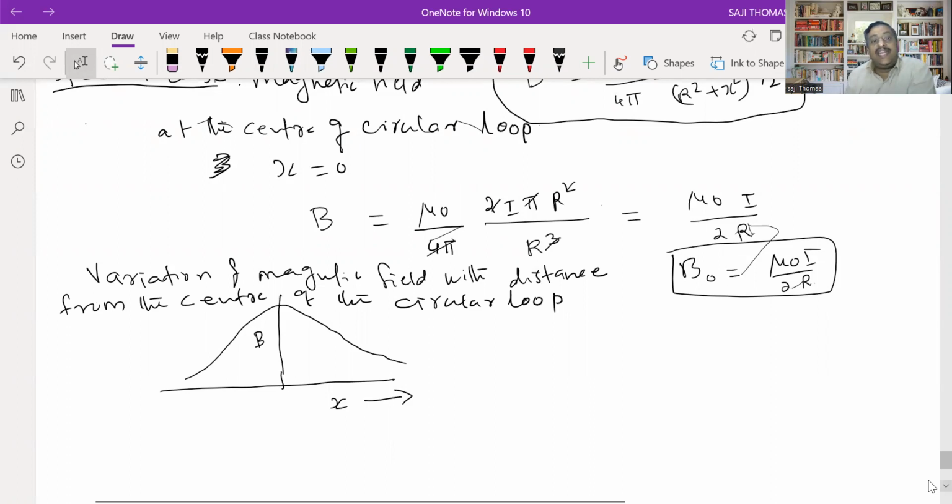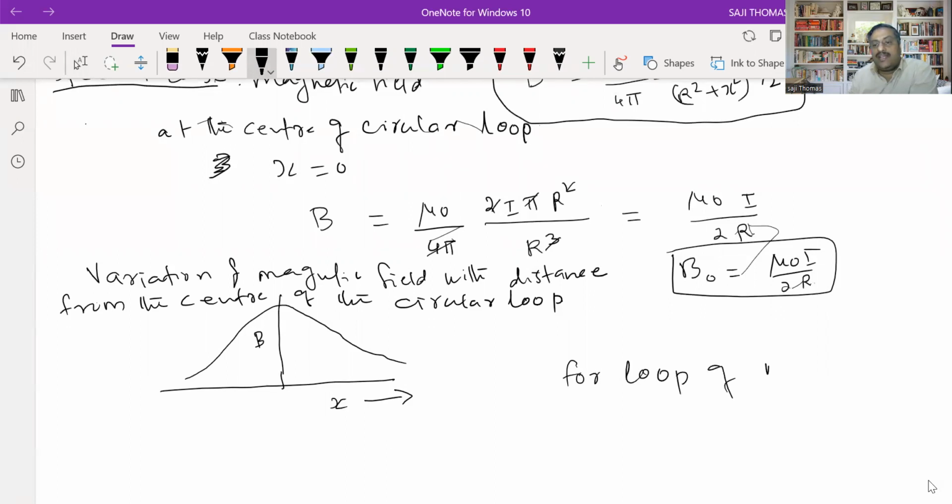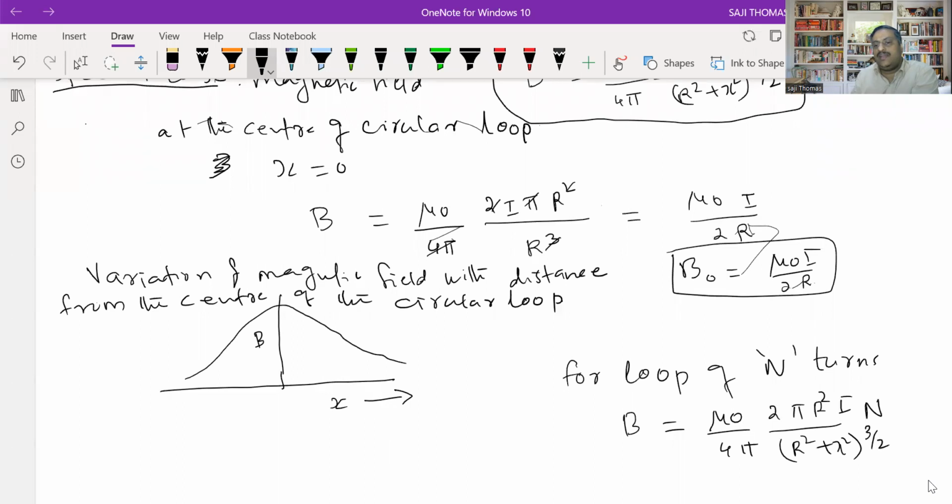If there are N turns for the loop, what would be the equation? For a loop of N turns, you have to multiply the equation with the capital N. So B equals mu 0 by 4 pi, 2 pi r square I divided by r square plus x square, the whole raised to 3 by 2, into N if there are N turns.